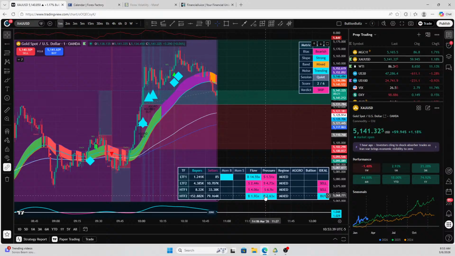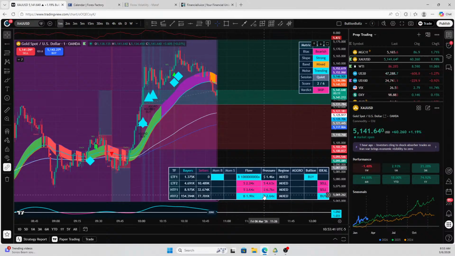Yeah, we're still above 2.63. We're still at 2.63, which is still above 2.